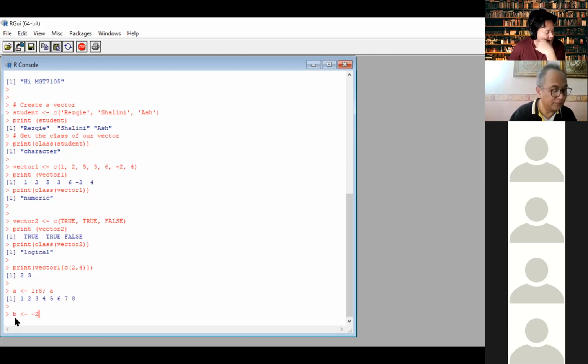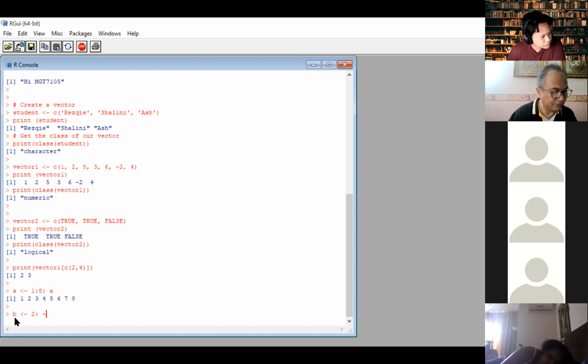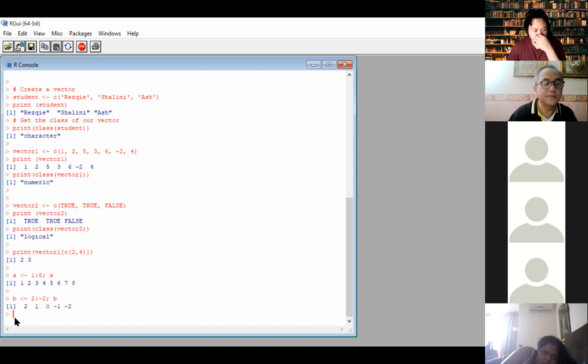You can begin with 2, then go to -2, so we move the other way around: 2 to -2. And then you want to look at B. B is 2, 1, 0, -1, -2. It moves the other way around.